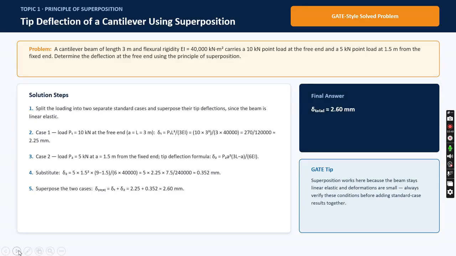Substitute the values: 5 into 1.5 square into (9 minus 1.5), where 3 into the overall length 3 is 9, minus A, the distance 1.5, divided by 6 into 40,000. When you solve this, you will get 0.352. Now add both deflections, 2.25 plus 0.352, and you will get 2.6 mm as the total deflection.